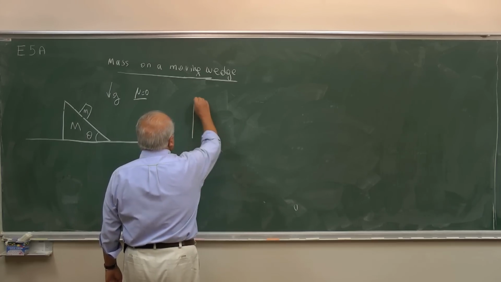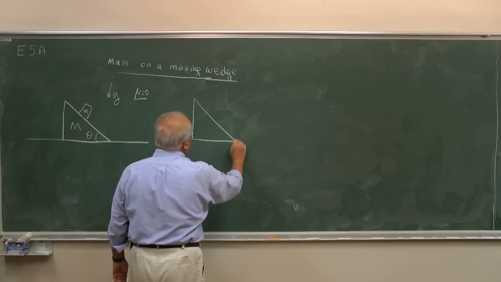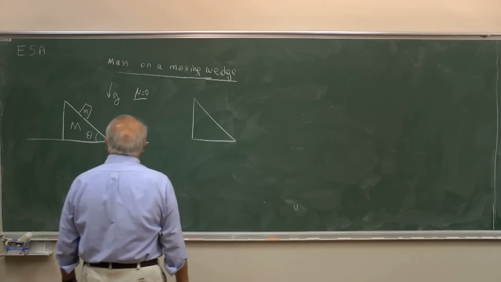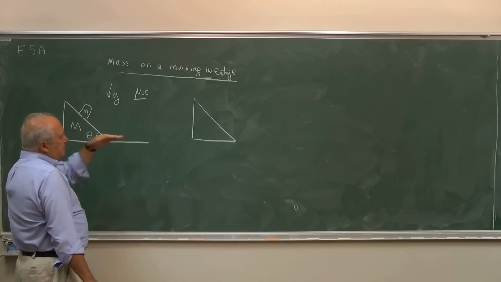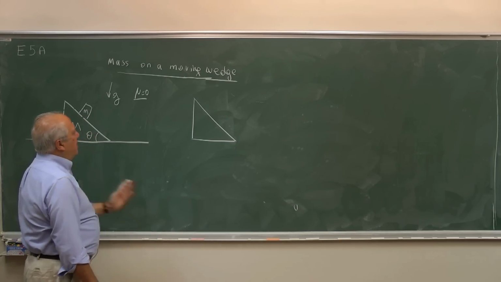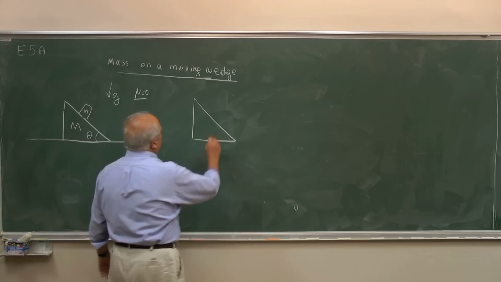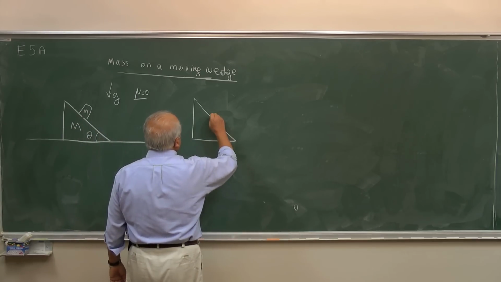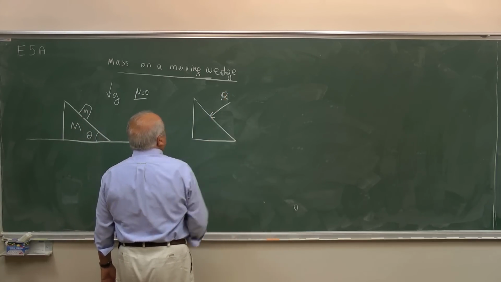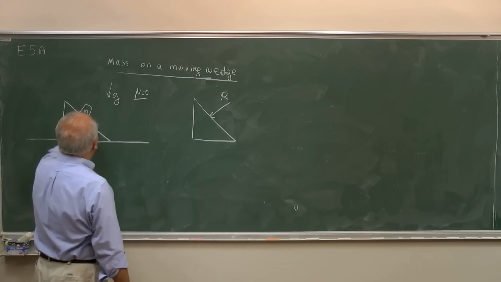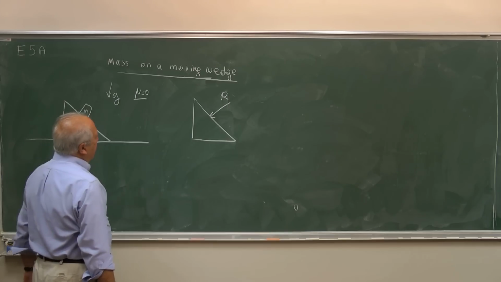Now, let us isolate the bodies and look at the forces. The kinematical constraint on this body is that it is moving to the right or to the left. So I'm not interested in the vertical motion of M, but so this is R. This is the reaction force of m on M.